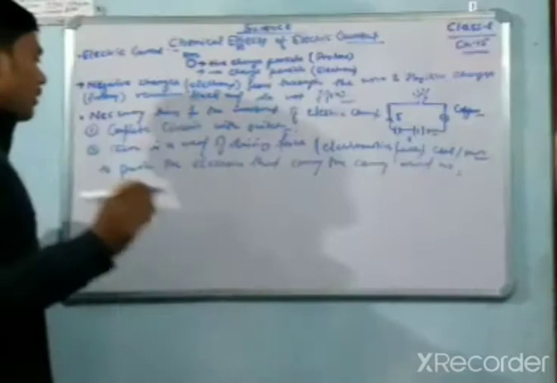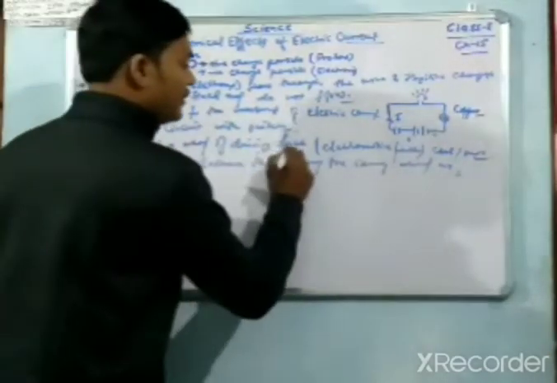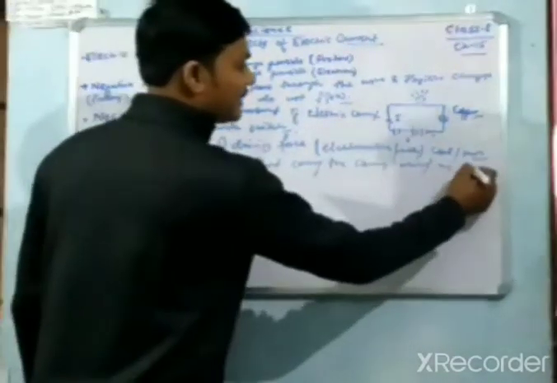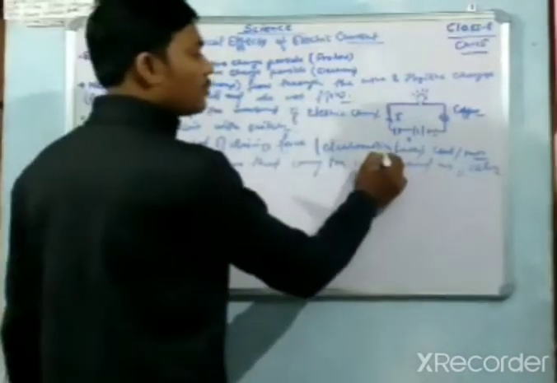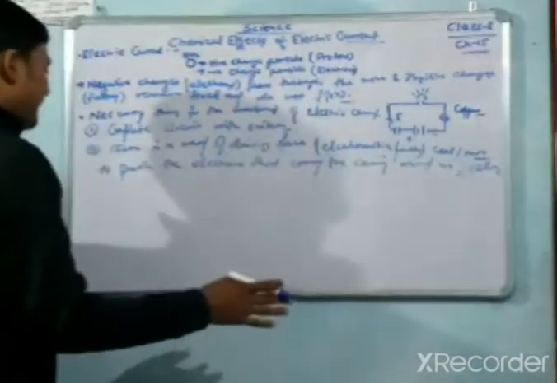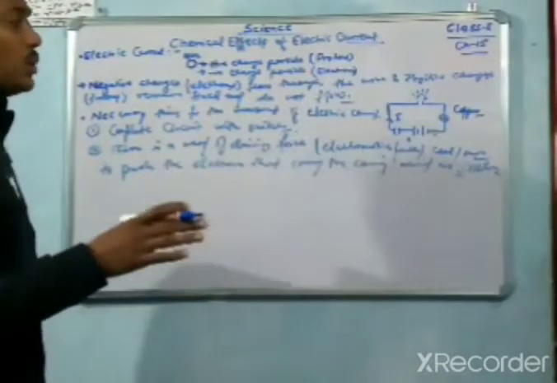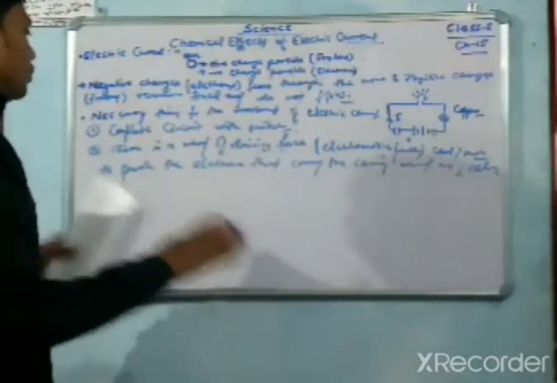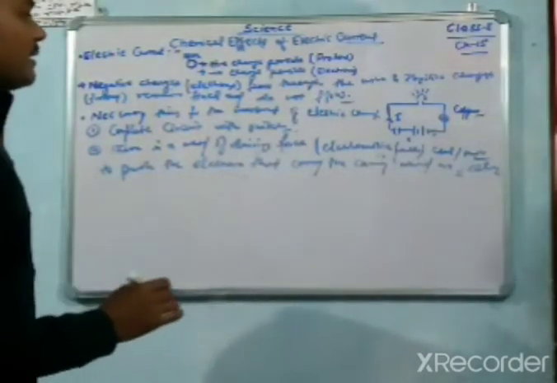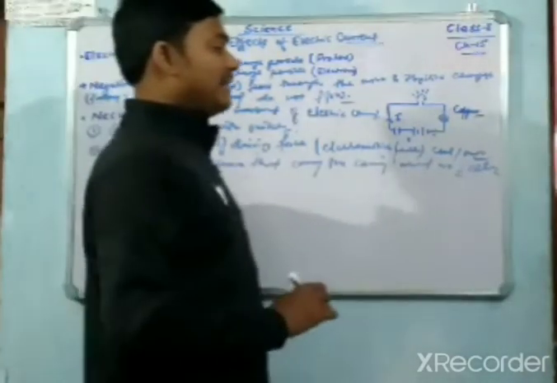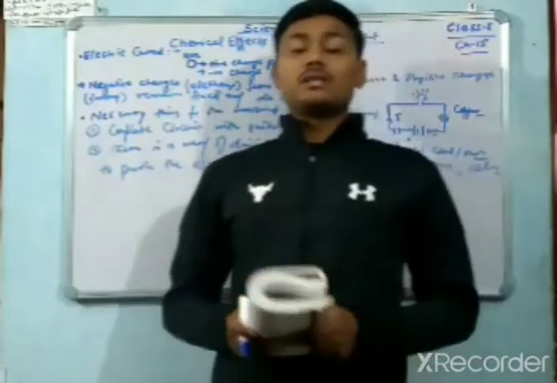So obviously there is a driving force generated by a cell or battery, which is known as electromotive force, that produces a force to push the electrons that carry the charge around the circuit.